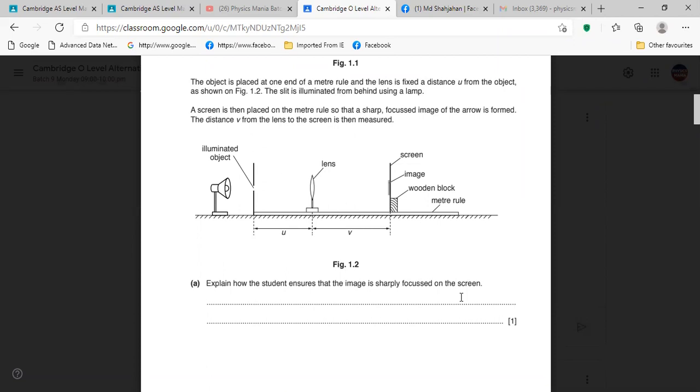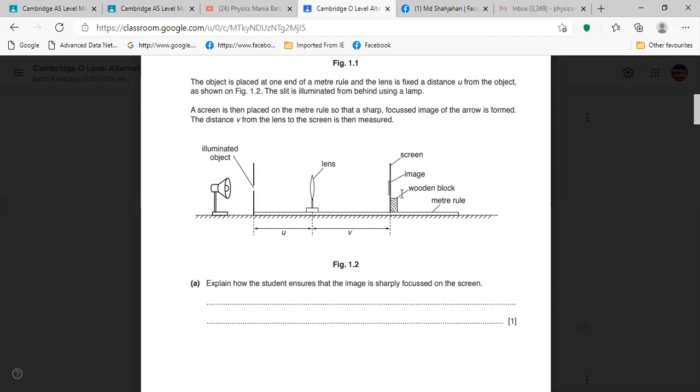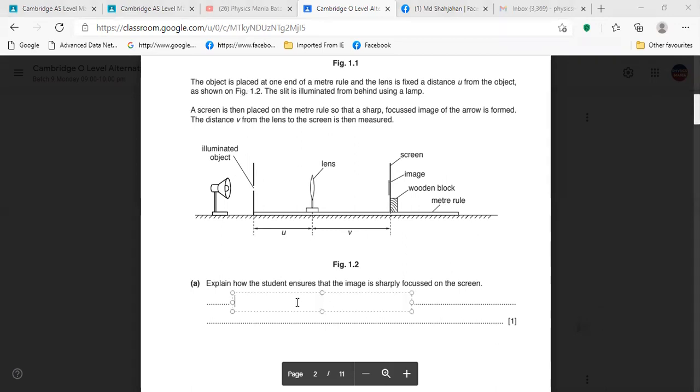On the screen, you have to focus it, right? So you have to move the screen. It's better to move the screen than moving the object or lens. It's better to move the screen forward and backward. But you have to do this very slowly, very carefully. Is it clear? Yes. So the answer should be move the screen.